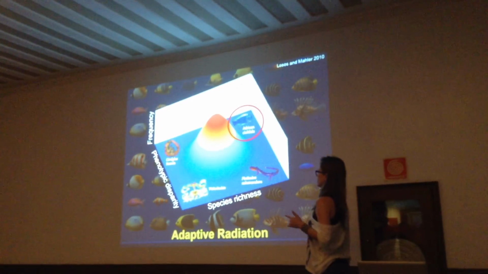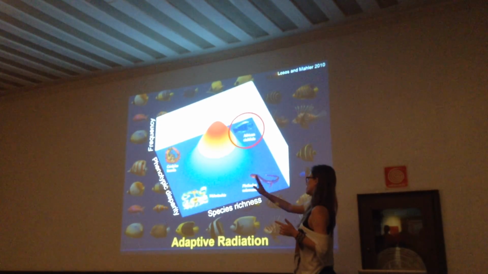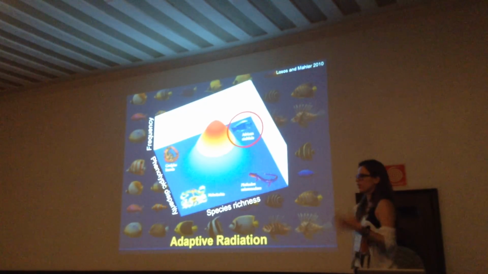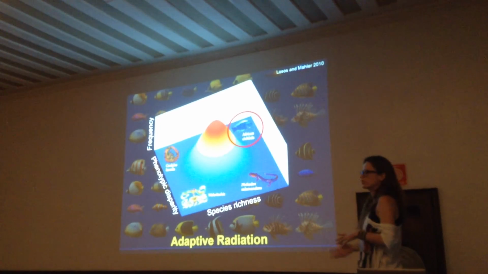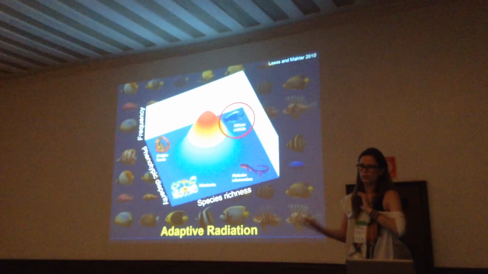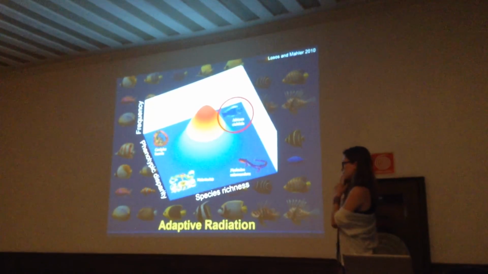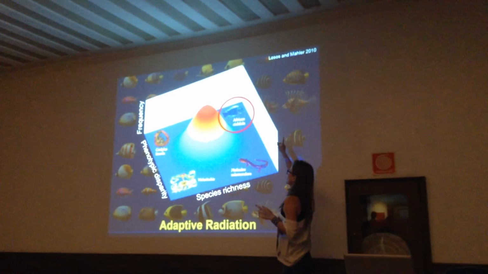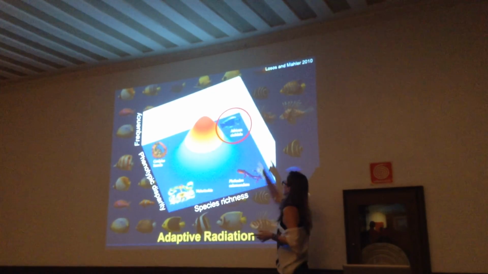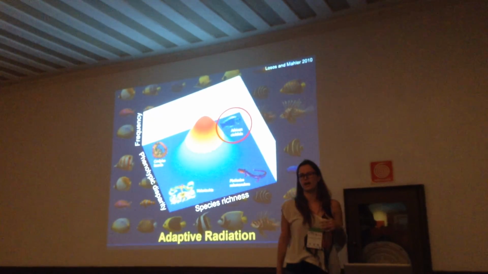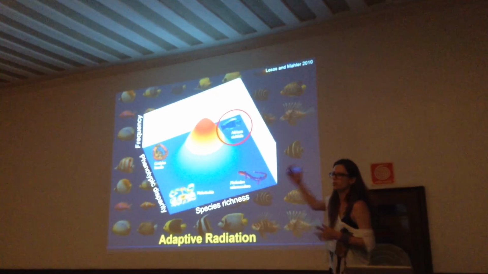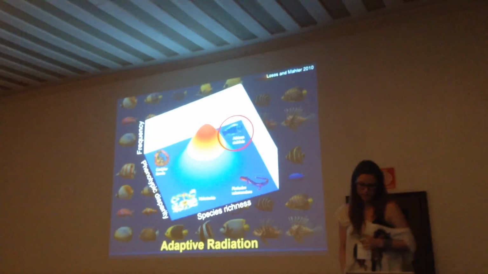On the axes we have species richness, phenotypic disparity, and the frequency where clades occur given the combination of species richness and phenotypic diversity. As you can see, the classic adaptive radiation, represented here by the African cichlids, is far from being the rule in nature.